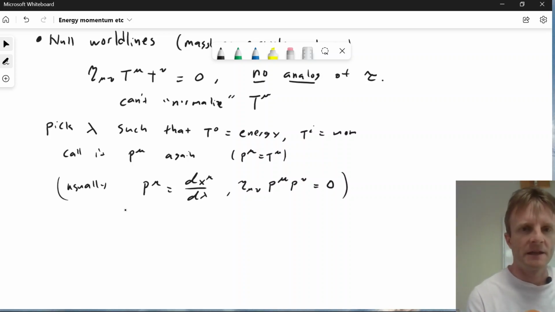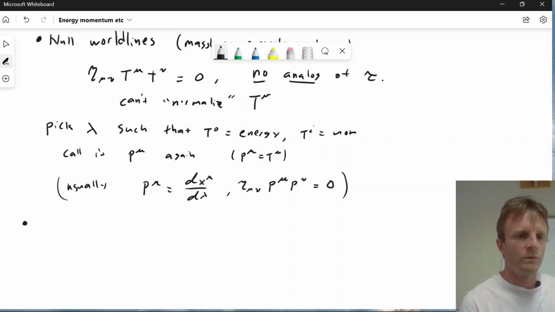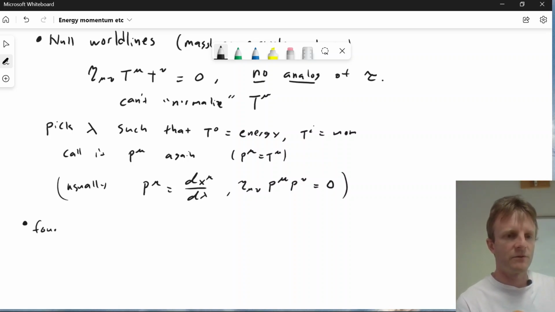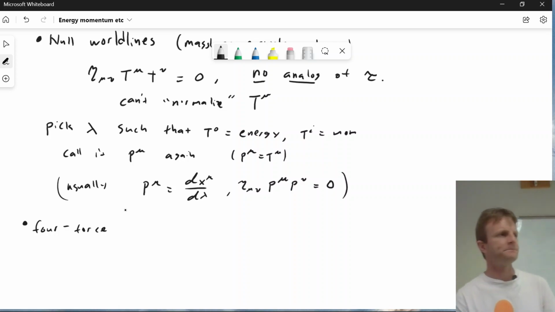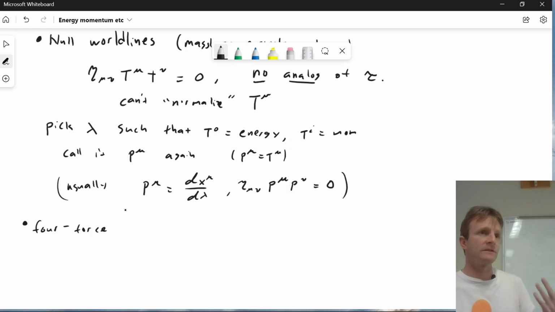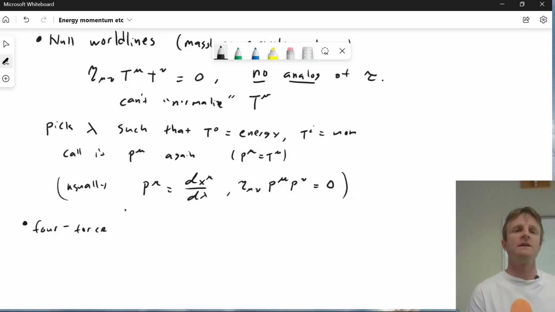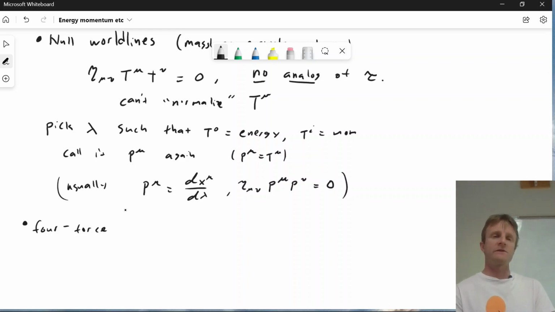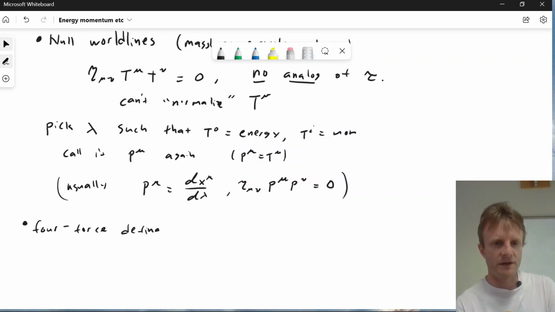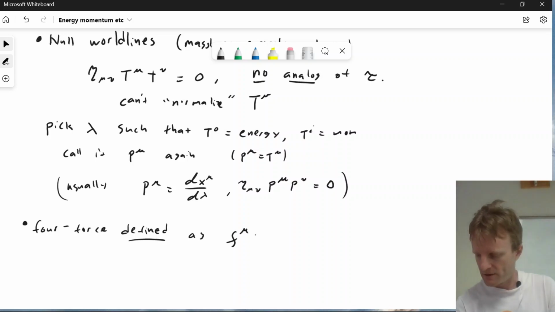Just as a comment, we can also introduce a notion of force. There's a homework problem on doing this with the Lorentz force. We can do a lot of interesting physics in this class with no forces at all because gravity is not described as a force in general relativity. It's just promoting these equations to curved space-time that gives you gravity. But if you have other forces like electromagnetic or anything, the most natural thing is just to define it as Newton's second law in the space-time.